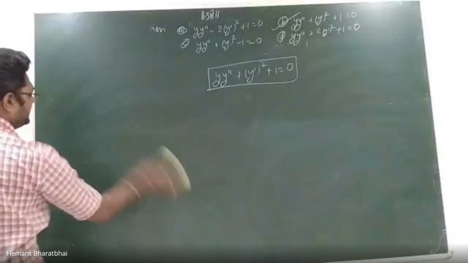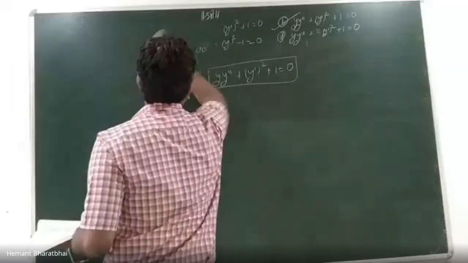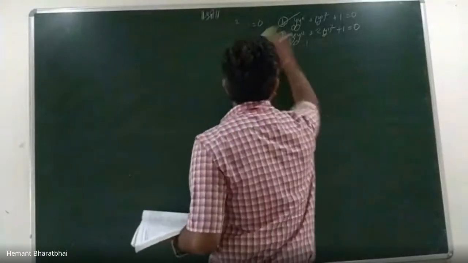Was a simple one. Let's go for the next numerical. If you remember, I said during the matrix and determinants in the derivative, again I'll take some numerical with determinants. So this is one of them.